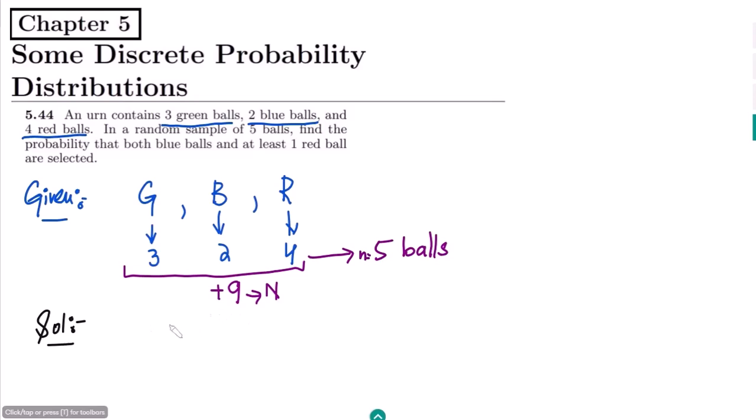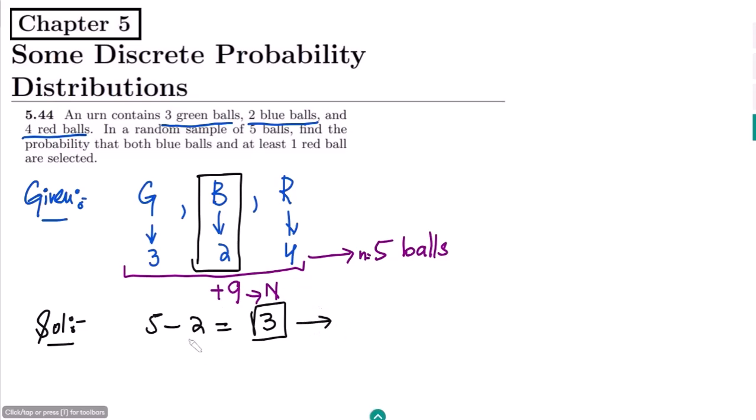We can very easily see that the total number of selected balls will be 5, and if both the blue balls are selected, 5 minus 2, the remaining balls are 3 in number.